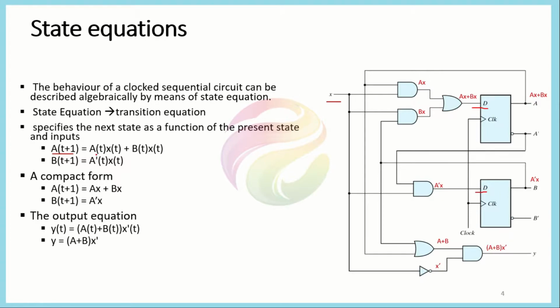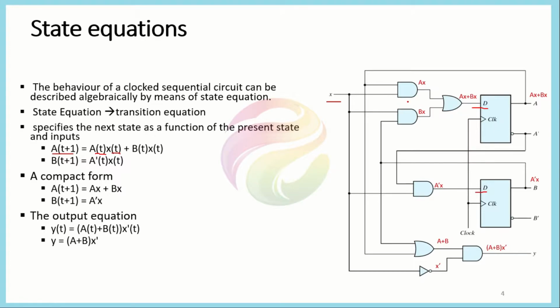So the current state is represented by the variable t. Whenever we write a function of t, we are representing the current value of X or the current value of A. And when we write t plus 1, we are representing the next value after the clock cycle. So if we write this equation, we can easily solve this combinational part here.